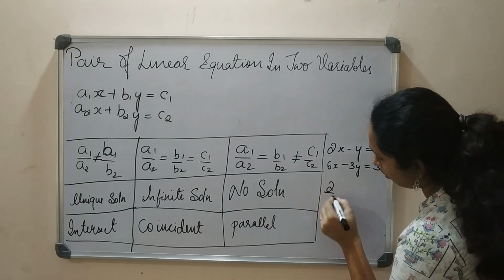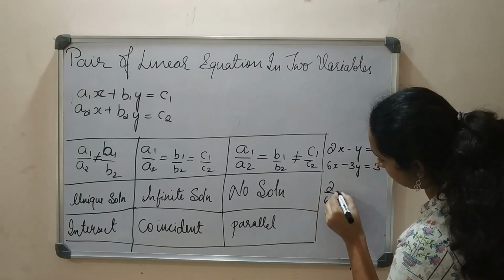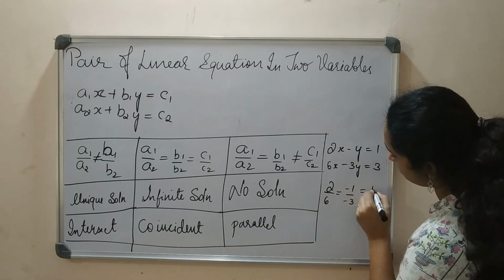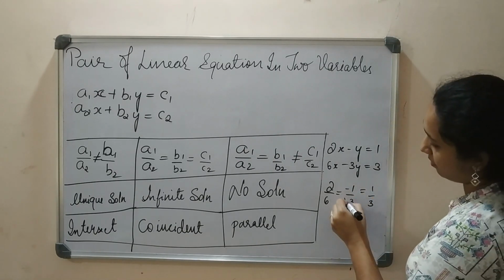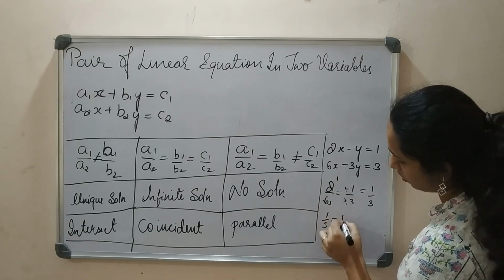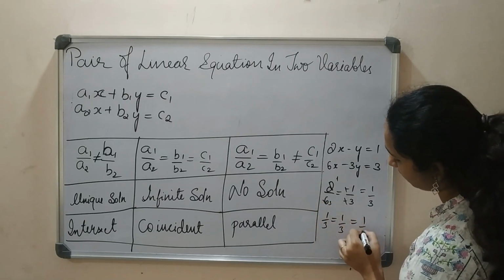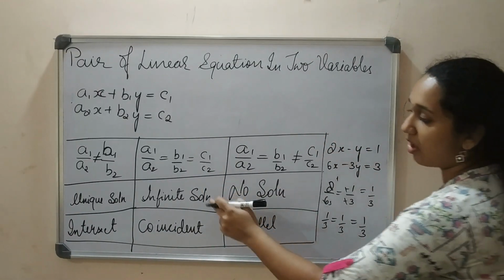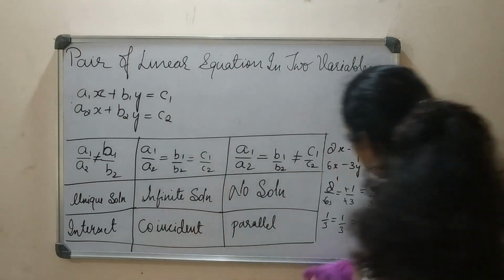So 2/6 equals -1/-3, which equals 1/3, correct? The minus signs cancel. So 1/3 = 1/3 = 1/3, so this condition is also satisfied and I got infinite solutions.